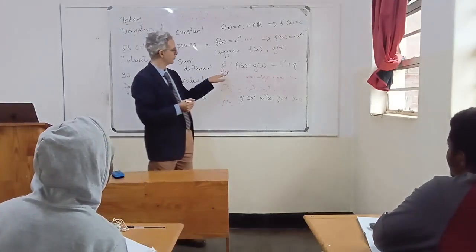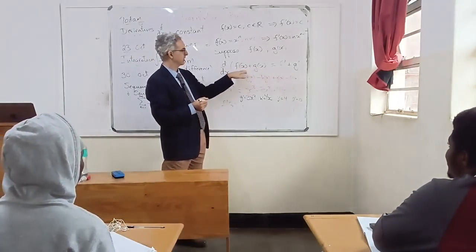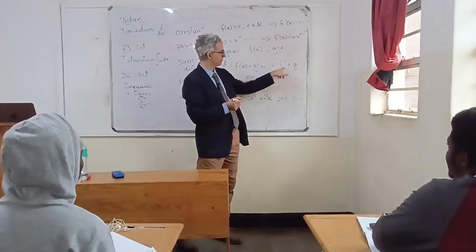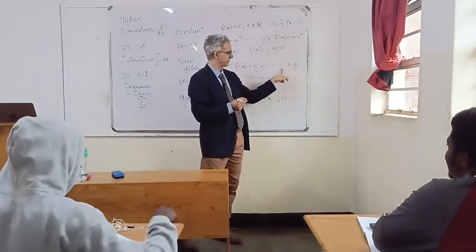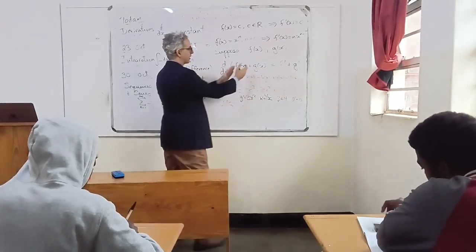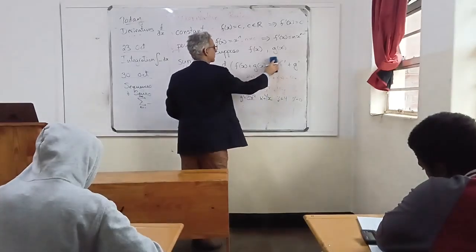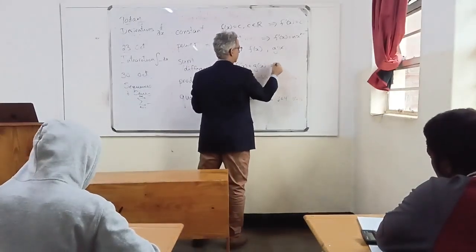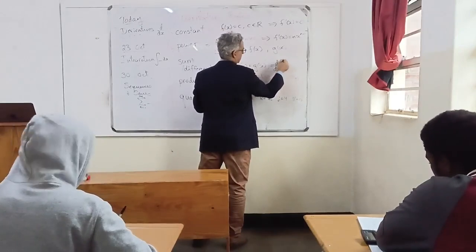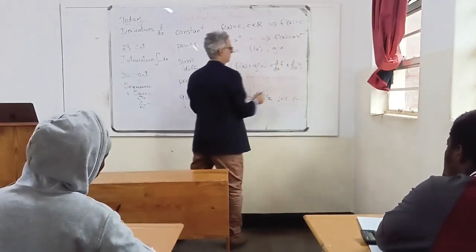If I have the derivative of the sum of two functions, it is the sum of the derivatives. Yeah? So here I can separate. Let me write it more like this. I can say d by dx of f plus d by dx of g.